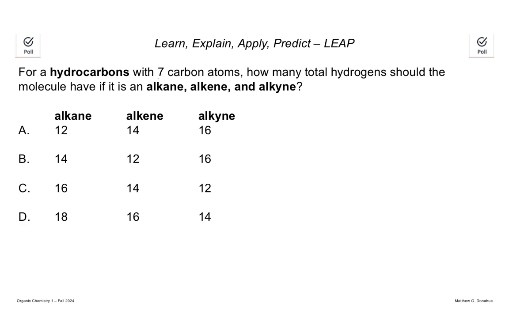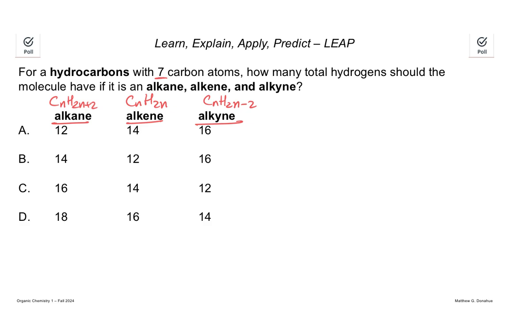So if you had 7 carbon atoms, and you wanted to figure out how many hydrogens were present for an alkane, an alkene, and alkyne, you would use those formulas. So if we plug 7 into the alkane, we would get 14 plus 2.